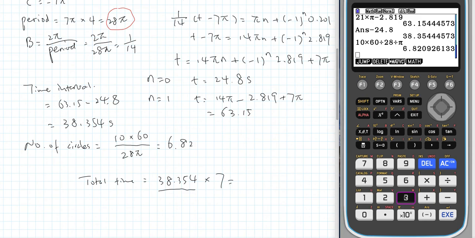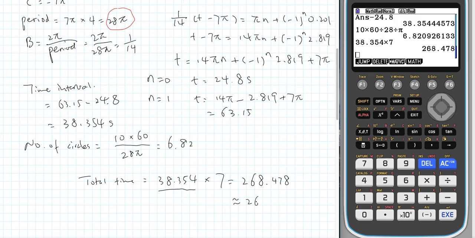So 38.354 times 7 gives you 268.478. That's too precise, so let's round it up. Hence we have 268.5 seconds. All right, that's close enough. Thank you so much.